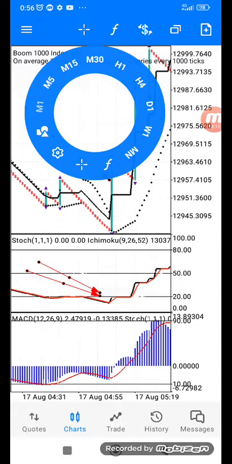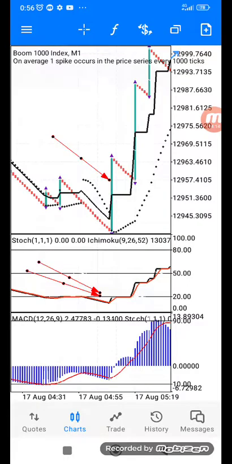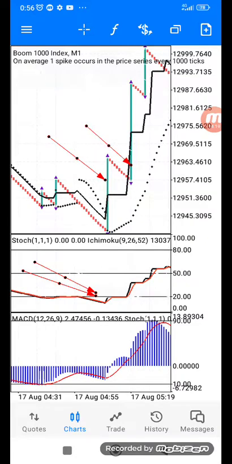Now our third step is the retracement of bearish candle after the spike candle. Now this is our bearish candle, retraces back to touch the Ishimoku line on the main chart. So immediately it touches, we trigger our buy signal.